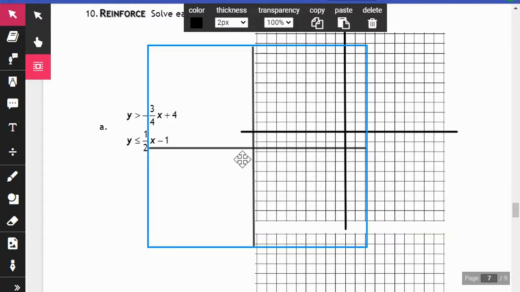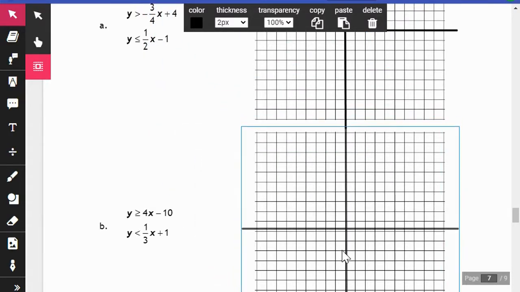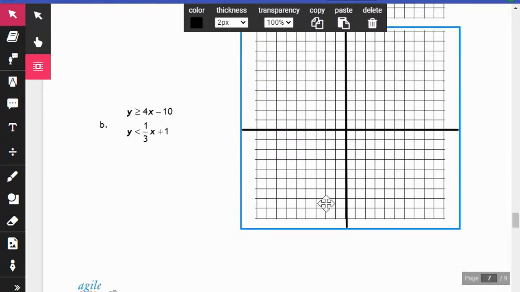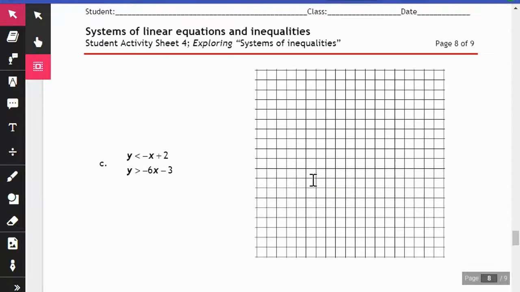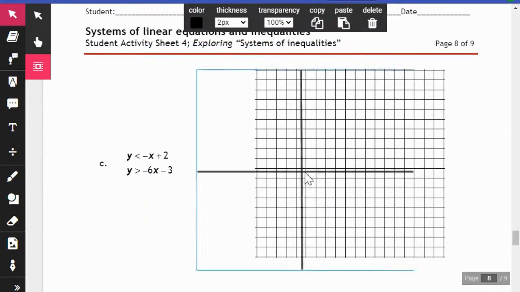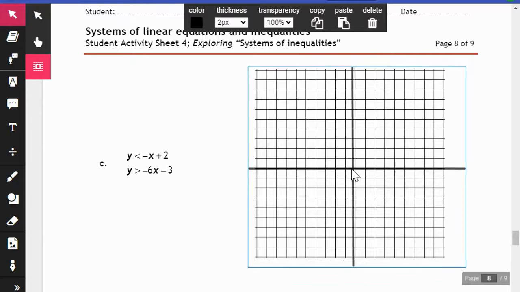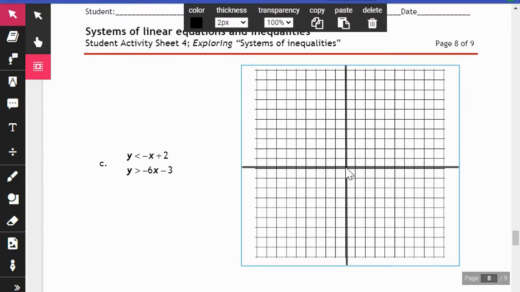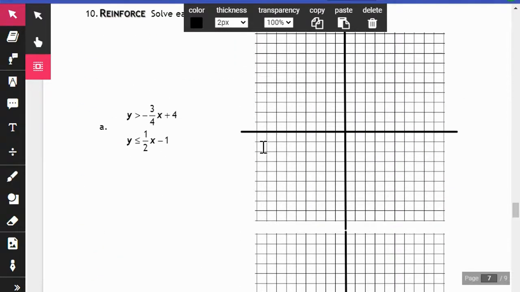Control C, Control V, down to there, so that we've got another graph. All right, and I think there is one more. Yep. There. All right, so now I have my graphs finished.